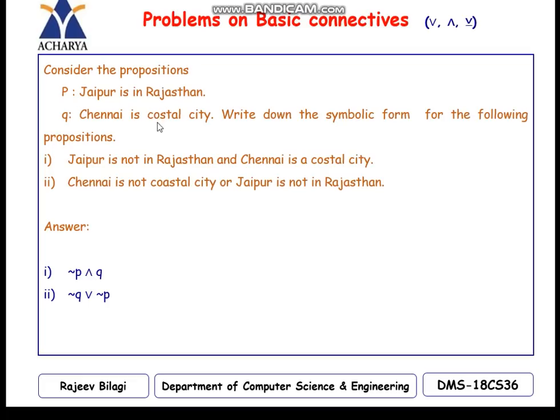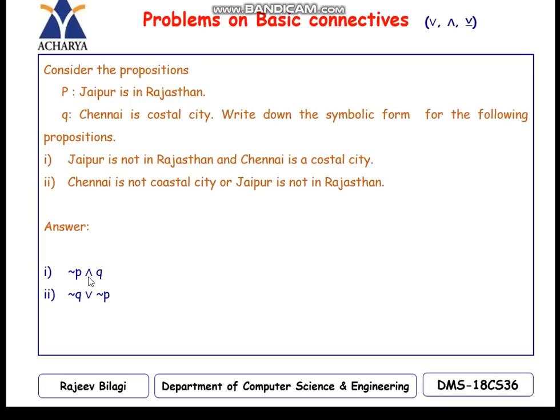These are two different propositions. Now write down the symbolic forms for the following propositions. First one, Jaipur is not in Rajasthan and Chennai is a coastal city. Here it is AND, so I need to use the and operator.